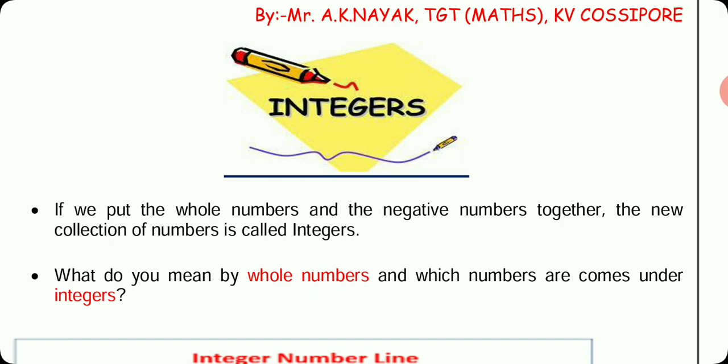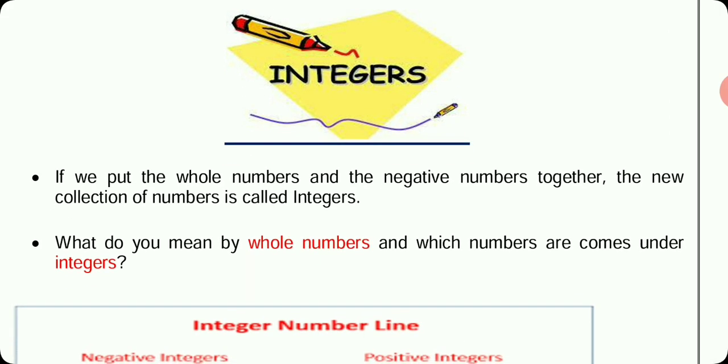Now how can you define integers? When we take 0, 1, 2, 3, 4 along with the negative numbers like -1, -2, -3, -4, -5 and so on, then all these numbers are called integers.